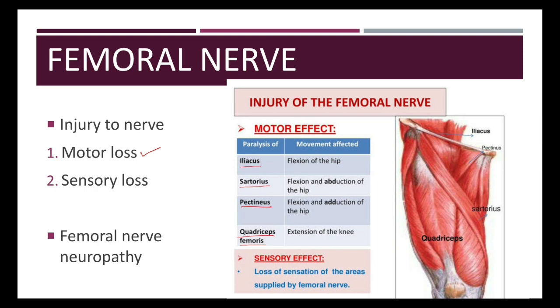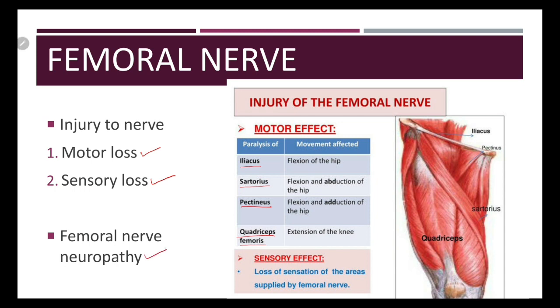Next is sensory loss. Sensory loss over the anterior and medial aspects of the thigh due to involvement of the intermediate and medial cutaneous nerves of the thigh. Sensory loss on the medial side of the leg and foot up to the ball of the great toe, that is first metatarsophalangeal joint, due to involvement of the saphenous nerve. Then we have femoral nerve neuropathy.